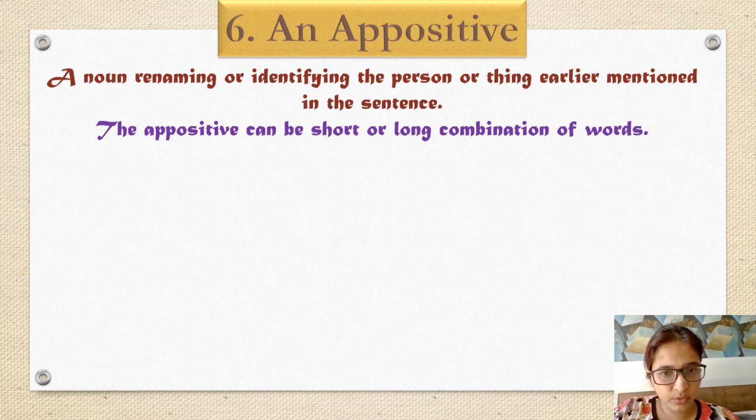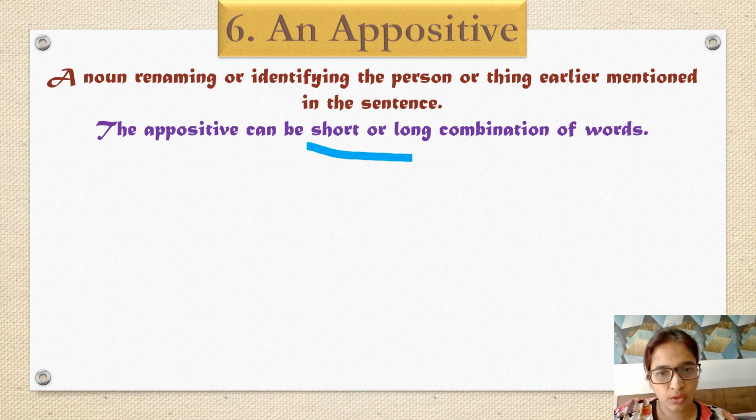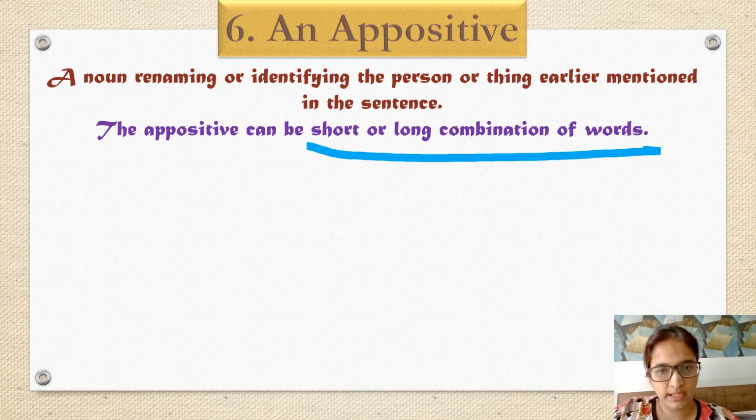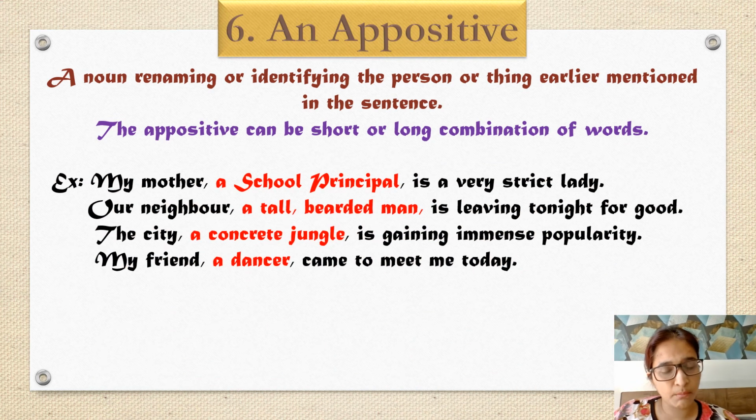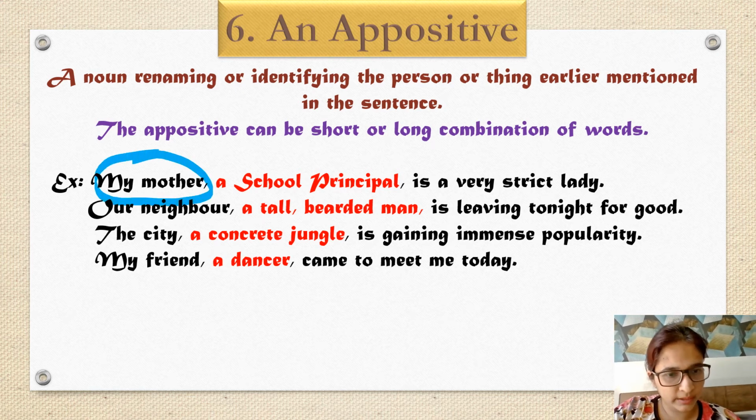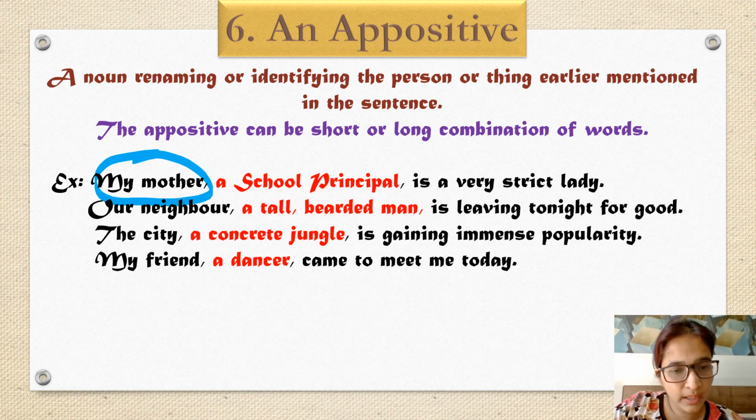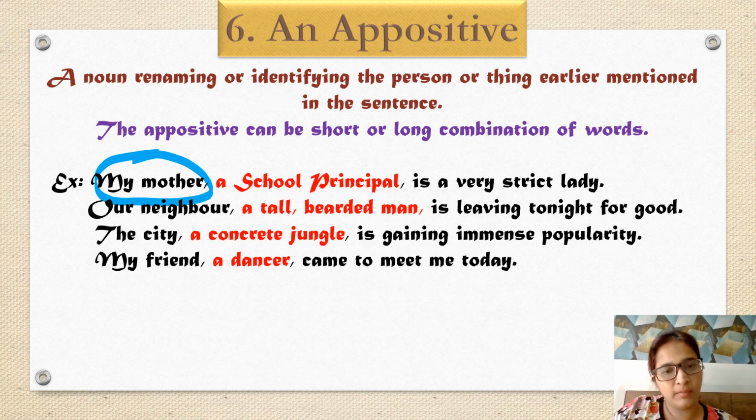When you come to the example, it will be even more clear. The appositive can be a short or long combination of words. Let's see the examples. My mother. We have already presented the noun here, my mother, but we are re-emphasizing, renaming or re-identifying the person in this statement.